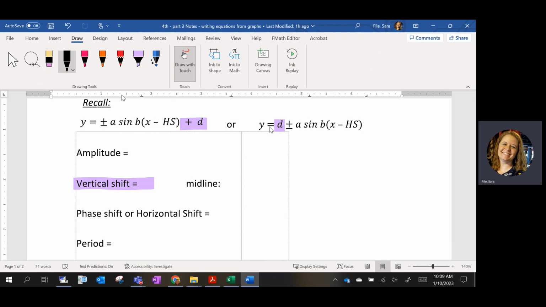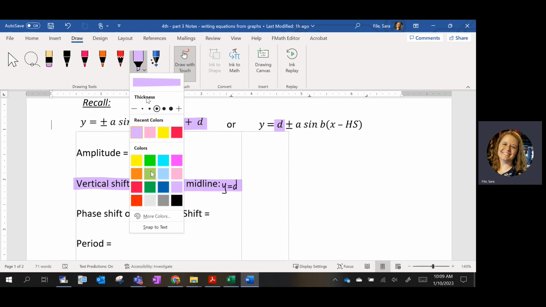Okay, so it can show up there or there, but that D value, that's your vertical shift value. And we use that value to determine where the midline is. Remember on the quiz, it said to write the equation of the midline. Okay, the midline is y equals whatever that D value is.